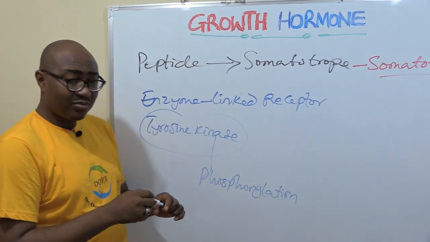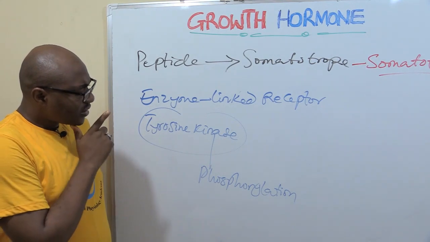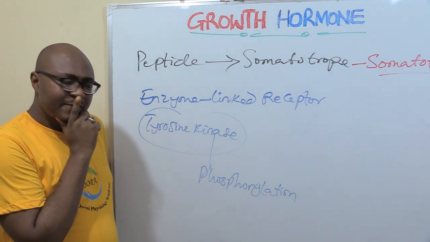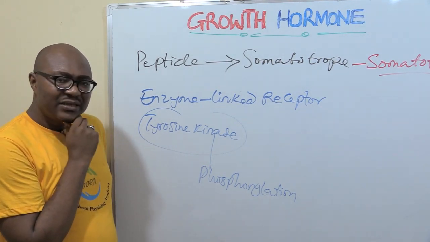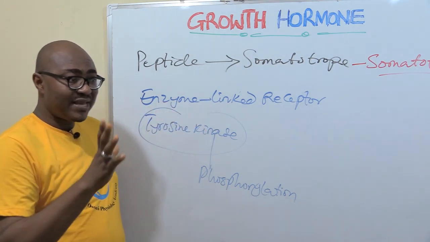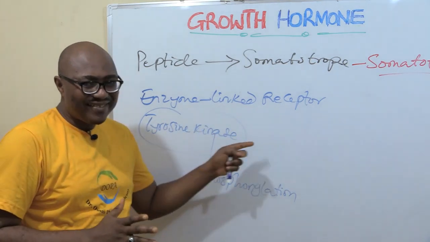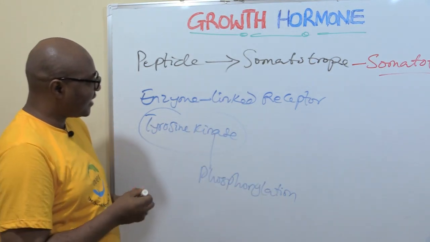Okay, so we're now entering into the mechanism of action. One interesting thing about growth hormone is that when it acts, it has two ways: an indirect mechanism and a direct mechanism. So let's get into it.